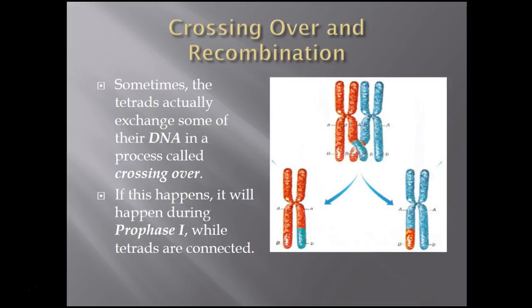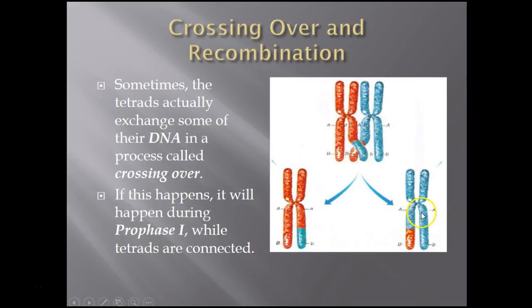These tetrads, when the homologous chromosomes pair up, you can see here that often pieces of them will literally cross over, break off, and exchange places. So they call that crossing over. You can see in this diagram the blue chromosome, let's say that came from dad, and the red one from mom.